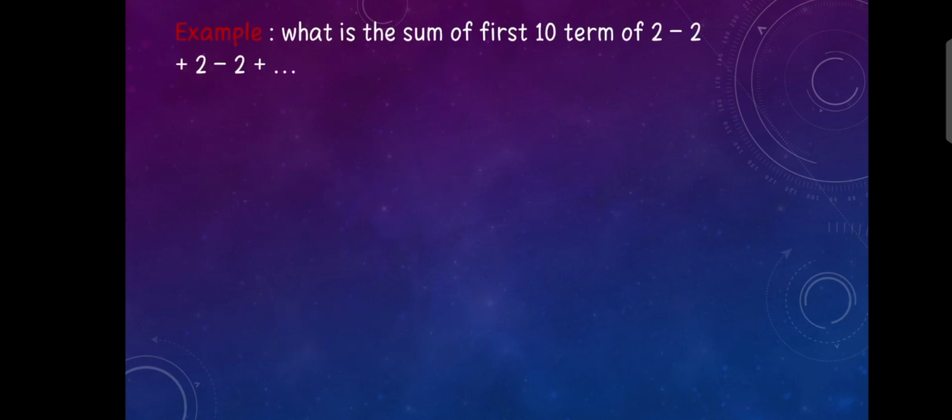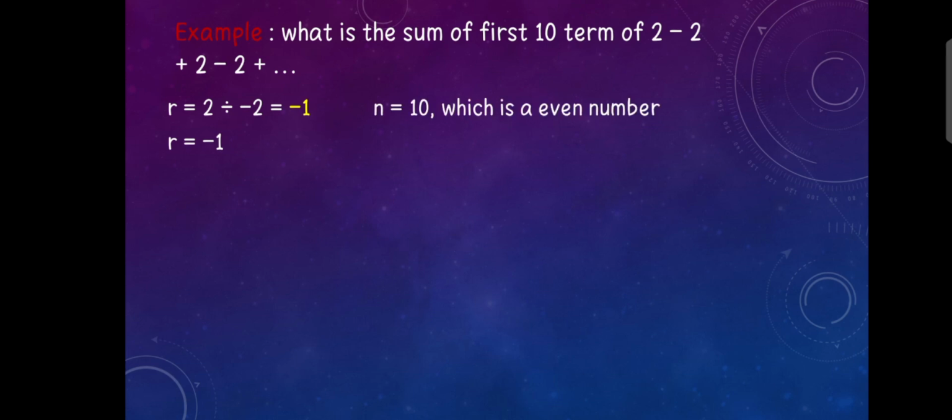Example: what is the sum of the first 10 terms of 2 minus 2 plus 2 minus 2? So, our r is equal to 2 divided by negative 2, which is equal to negative 1. Now, matapos natin mag-solution, ang ating r ay is equal to negative 1.